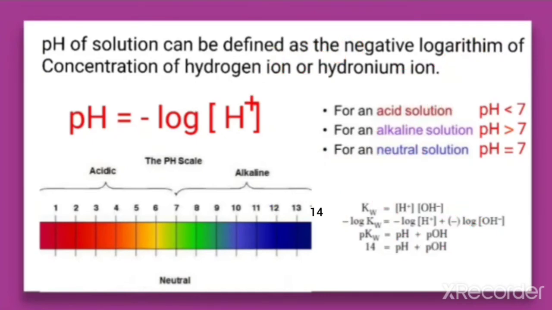So minus log of Kw can be written as pKw, minus log of H plus is written as pH, and minus log of OH negative is written as pOH.